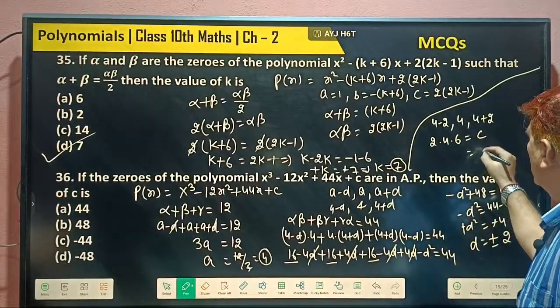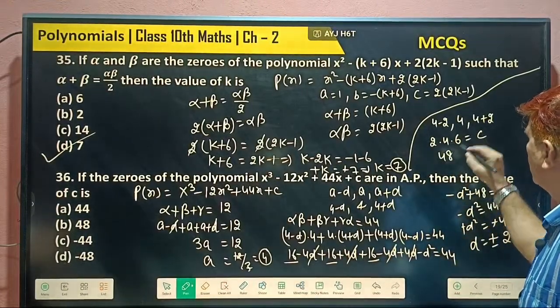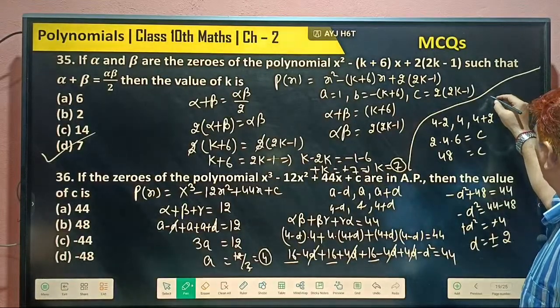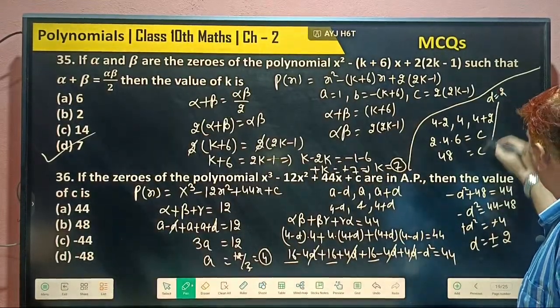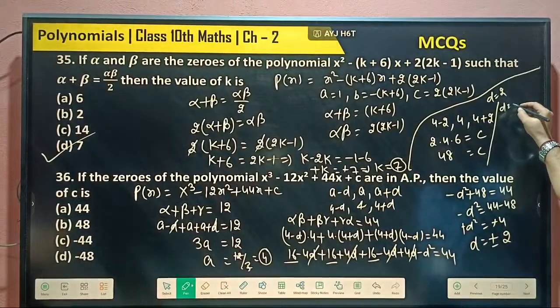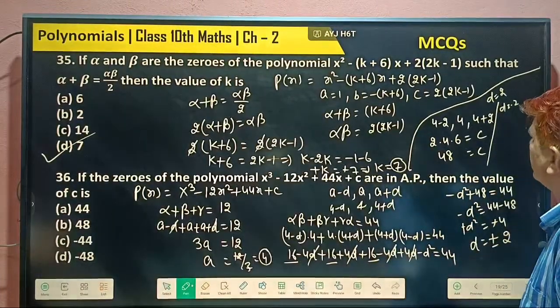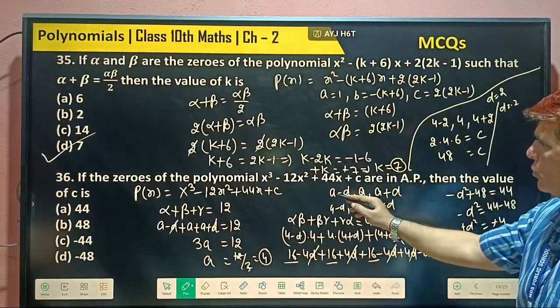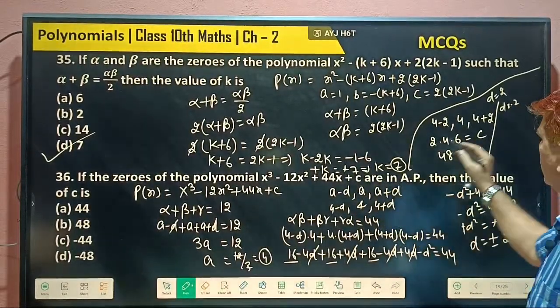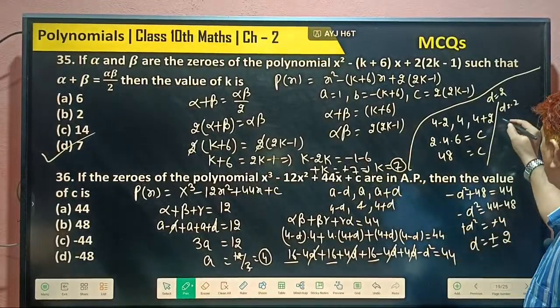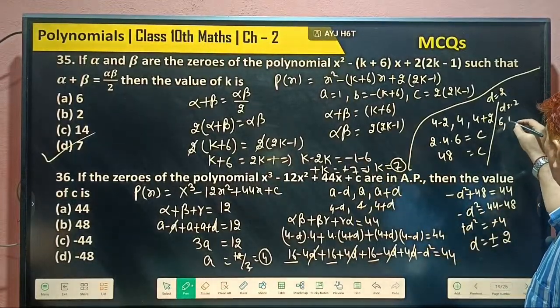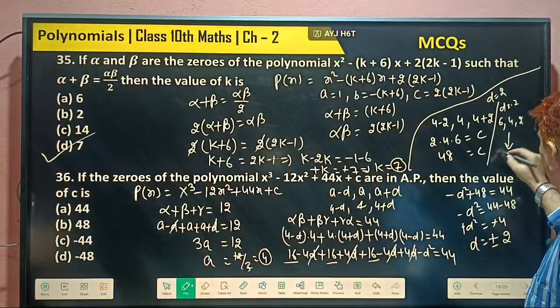So how much? c equal to 48. If you are taking d equal to 2. And if we take d equal to minus 2, how much does it become? The zeros are 6, 4 and 2. Again 48 is coming.